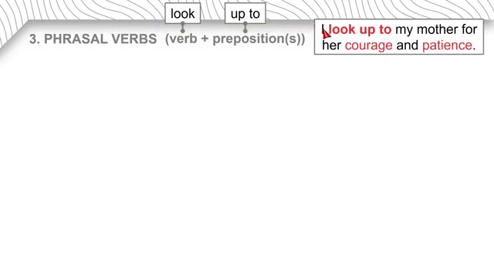Like when you say, I look up to my mother for her courage and patience. I look up to means I respect and I admire my mother for her courage, for being strong and brave, and patience, being able to continue doing something without feeling angry.